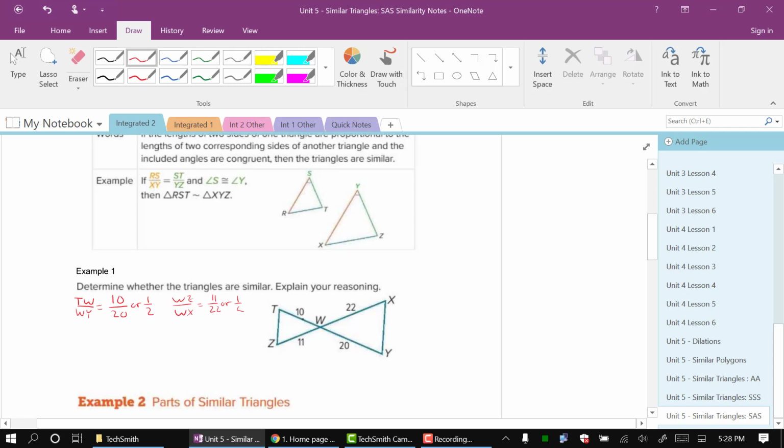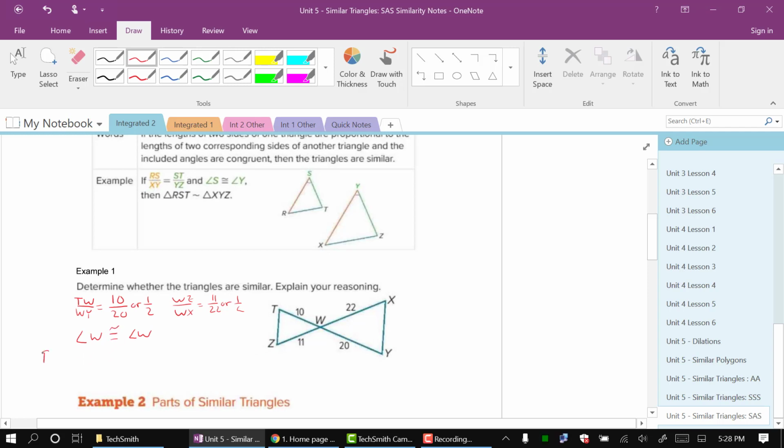So this side length works with this one, and this side length corresponds to this one. We want to find the angle in the middle of them. Is angle W congruent to angle W? As a matter of fact, it is.